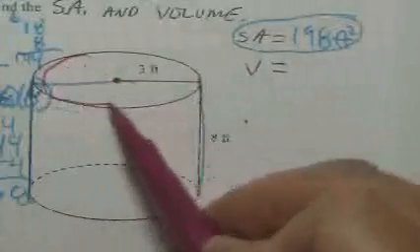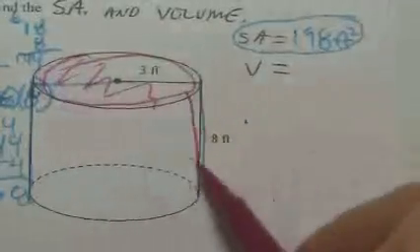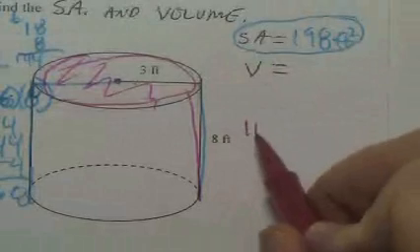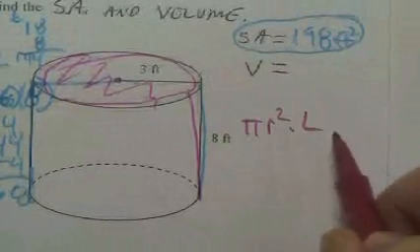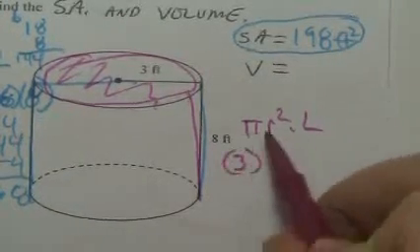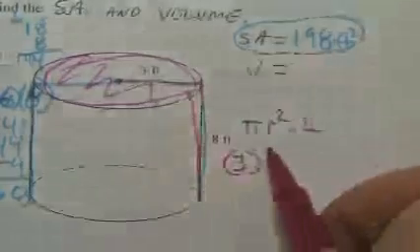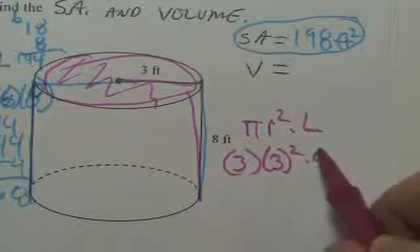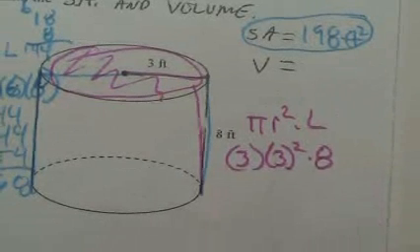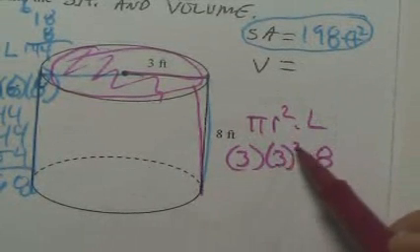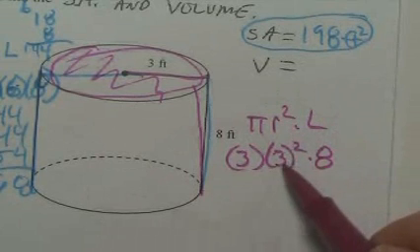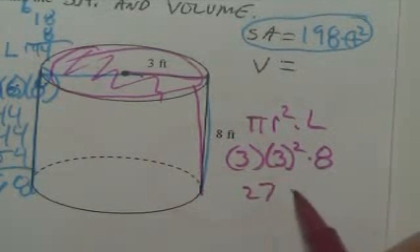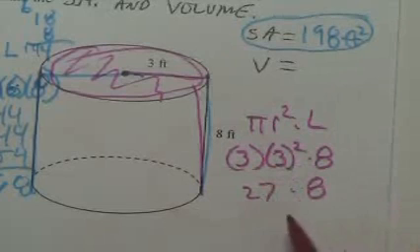Volume is just the face of this times how long it is. So that would be pi r squared times the length. Radius is 3. The length is 8. So 3 times 3 is 9. 9 times 3 is 27. 27 times 8.